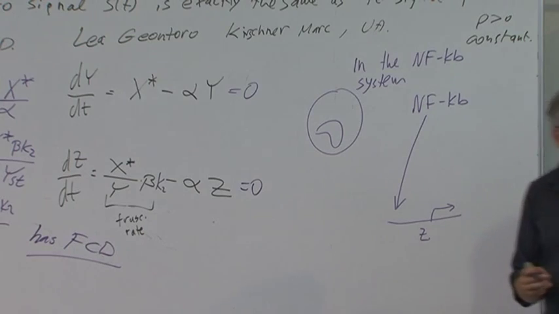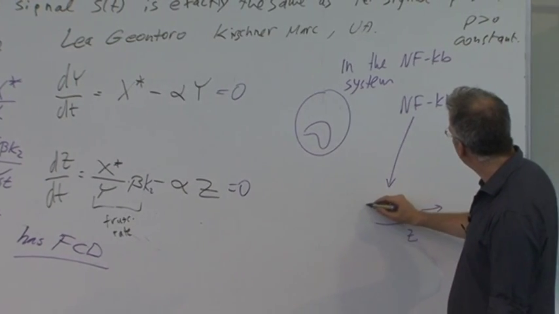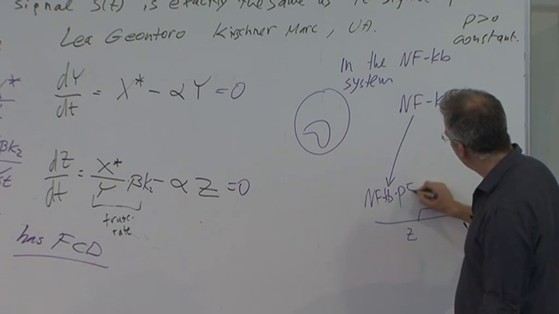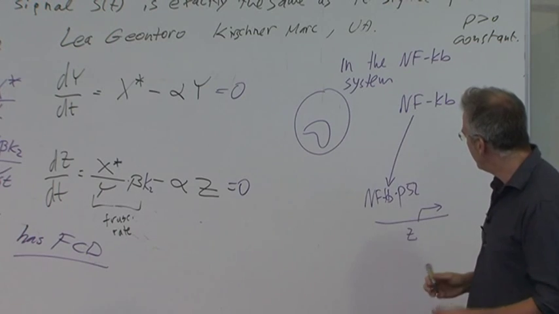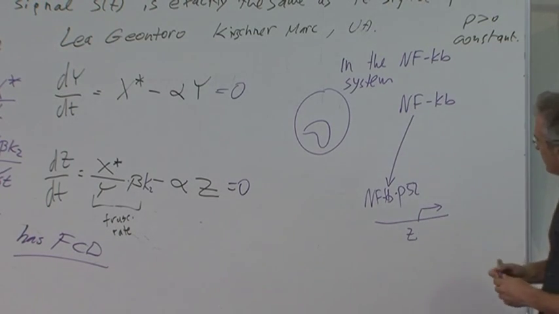So NF kappa B, turns out, works as a dimer by binding another protein, and that's the active transcription factor.